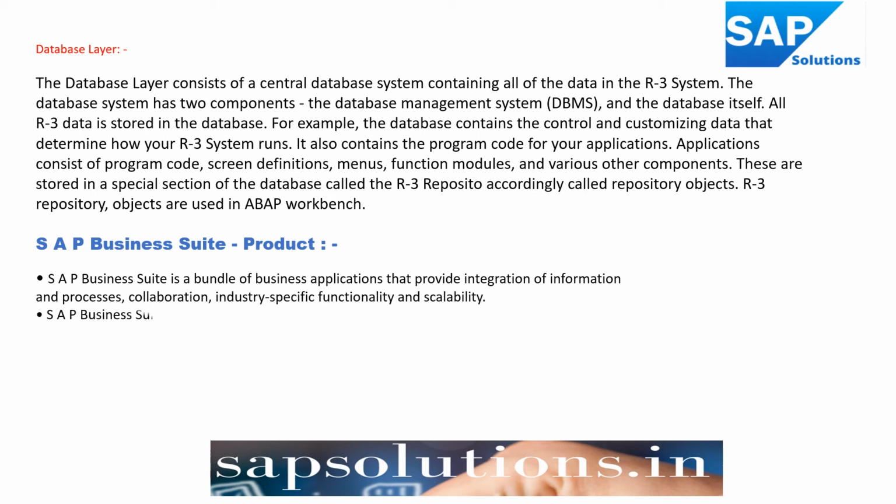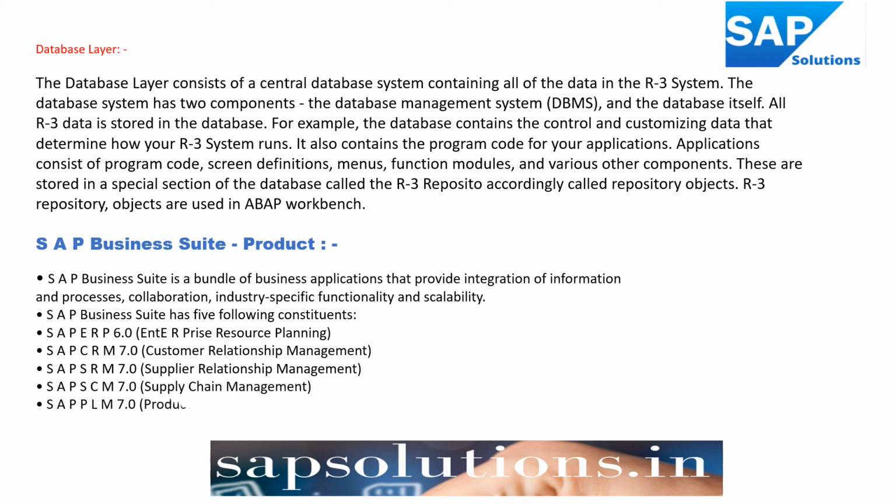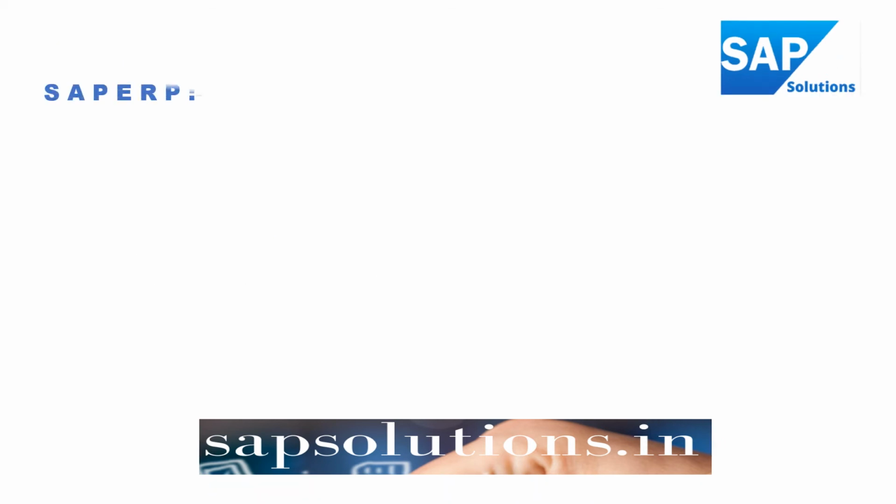SAP Business Suite has the 5 following constituents: SAP ERP 6.0, Enterprise Resource Planning; SAP CRM 7.0, Customer Relationship Management; SAP SRM 7.0, Supplier Relationship Management; SAP SCM 7.0, Supply Chain Management; SAP PLM 7.0, Product Lifecycle Management.